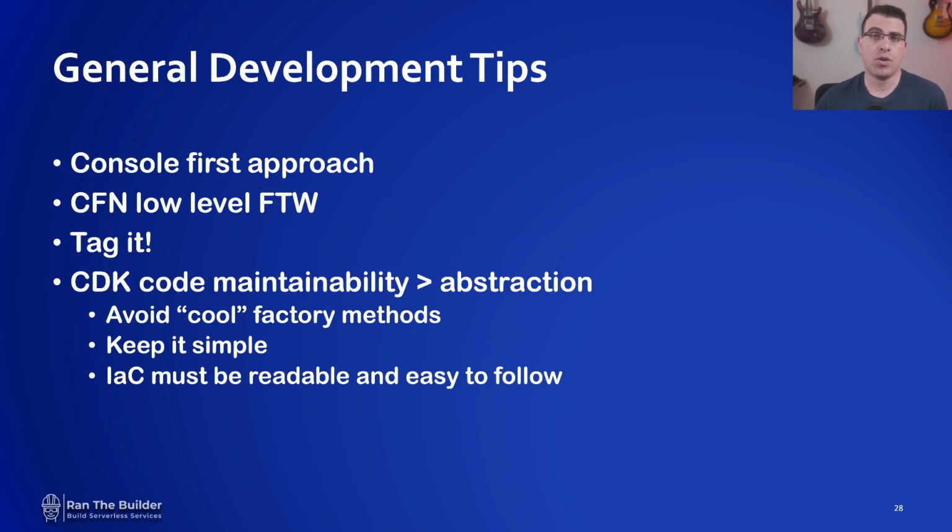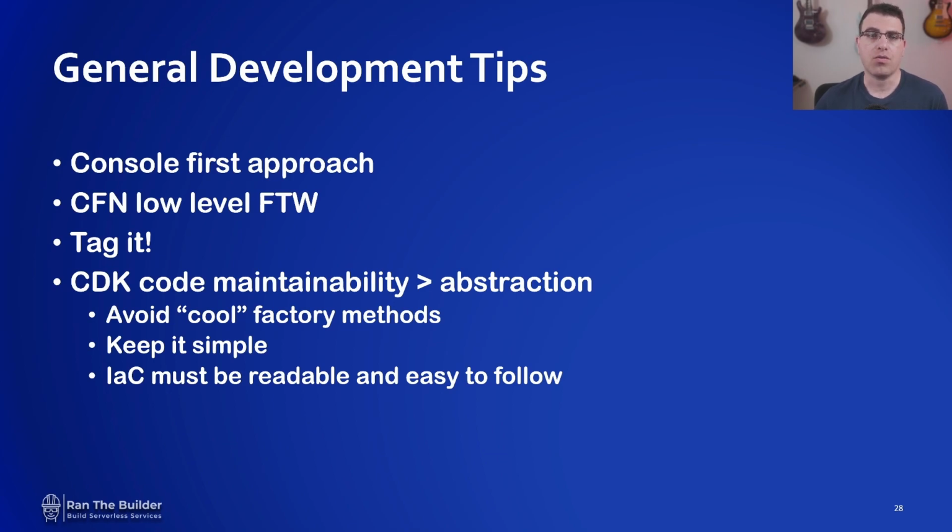And finally, some general development tips. If there is no high-level abstraction construct, like a level 2 or even higher construct, and you don't really understand how to define the resources in CDK, you can go to the console, play around with the service, and really understand the entities and how they work together.